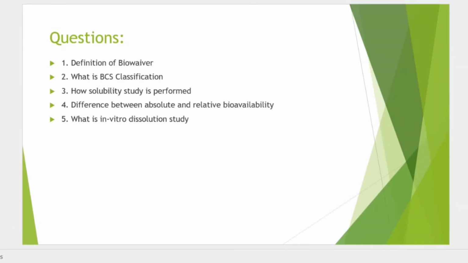Yes, right. In relative bioavailability, the drug is compared between the standard and the same drug in a different dosage form. Yes. Then what is an in vitro dissolution study?